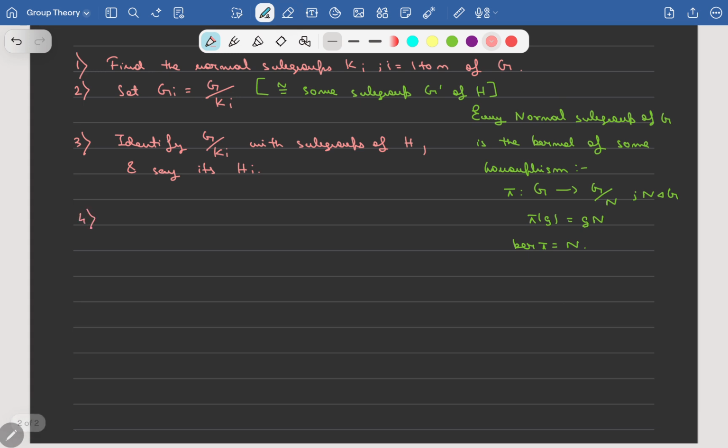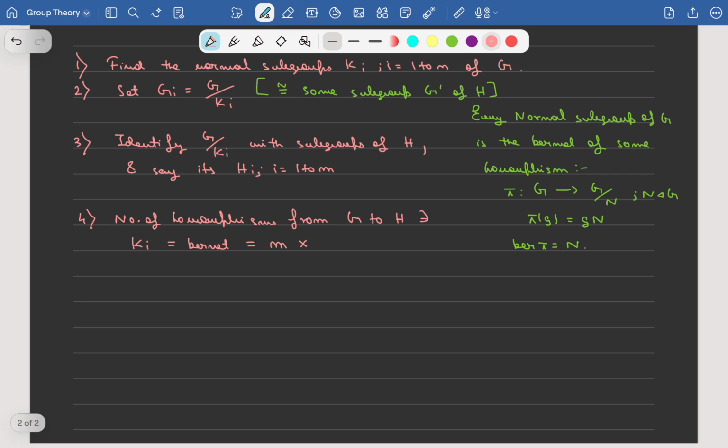So number 4 is that the number of homomorphisms from G to H such that the kernel is exactly equal to Ki, let this be i equal to 1 to m, is exactly the number of such subgroups which you were able to identify using the quotient groups G mod Ki, times all possible permutations of those particular subgroups.